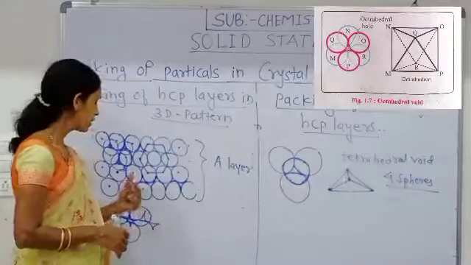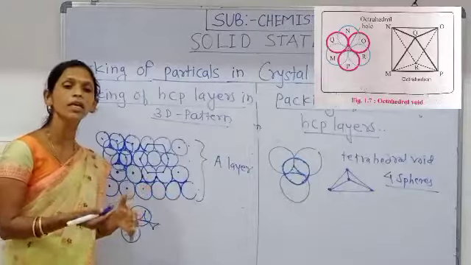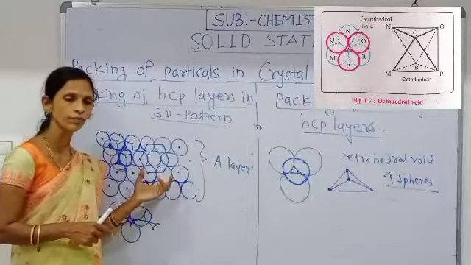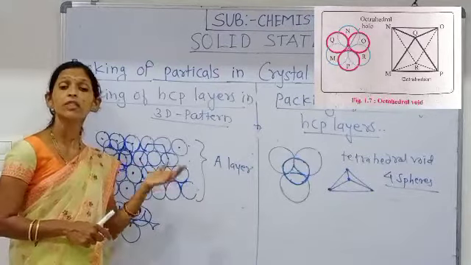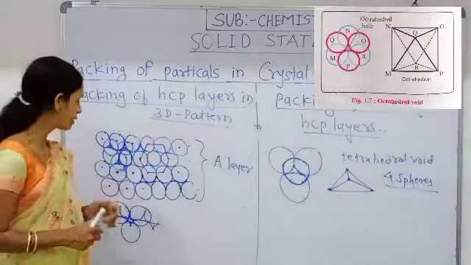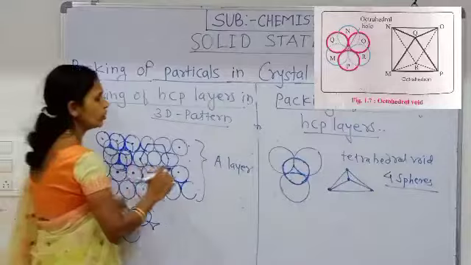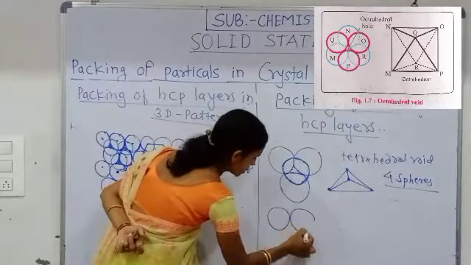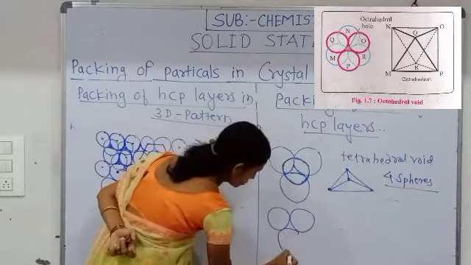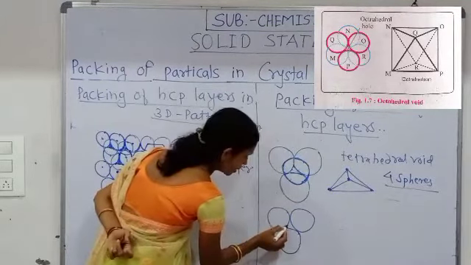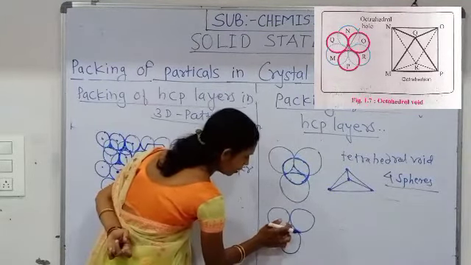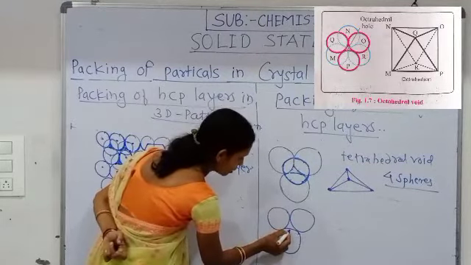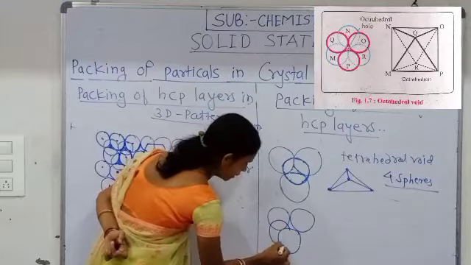Then see here, the remaining triangular voids are covered partially by spheres in the second layer. See here, when we arrange the second layer, then here the remaining half of the triangular voids are covered partially.